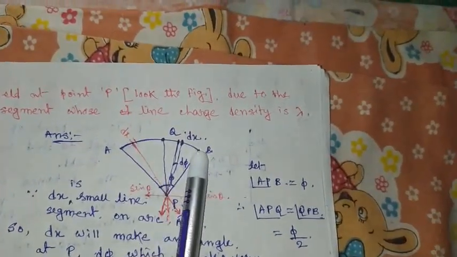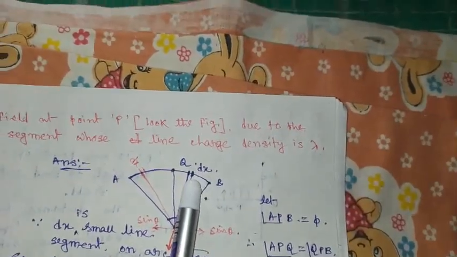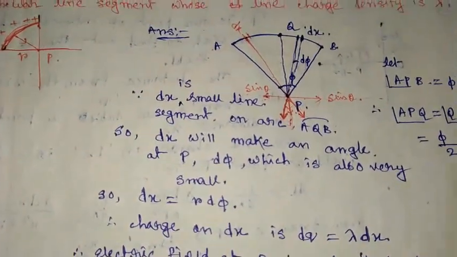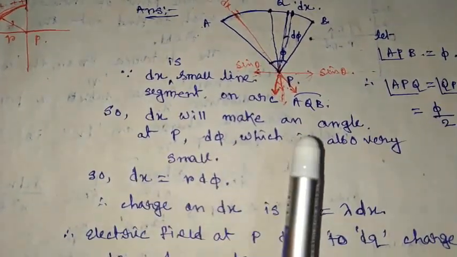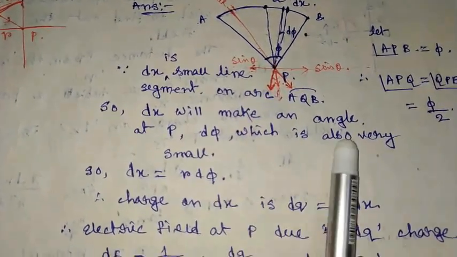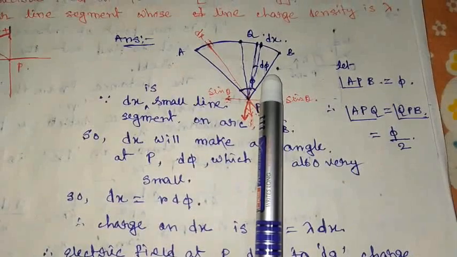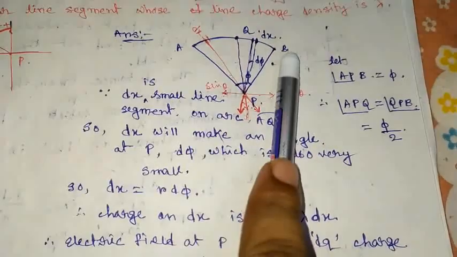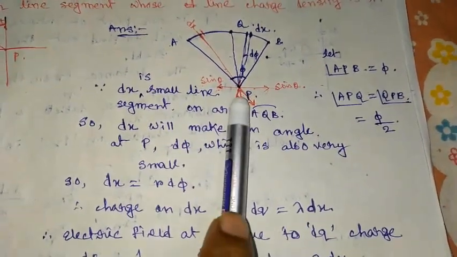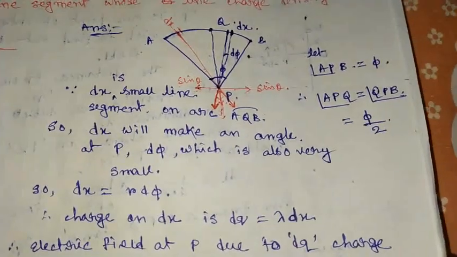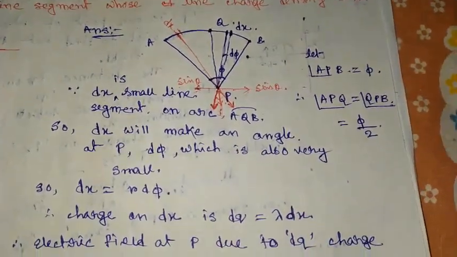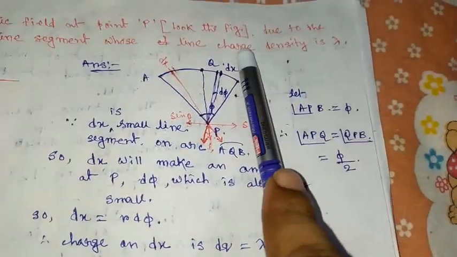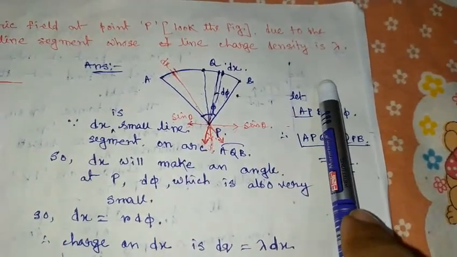Now we consider a small element dx, and this dx makes an angle d phi at point P. So dx can be written as dx equals r d phi, because r is the radius of this arc and d phi is the angle subtended at point P. Now the charge on dx is dq and can be written as lambda dx, as lambda is the line charge density or the charge per unit length.